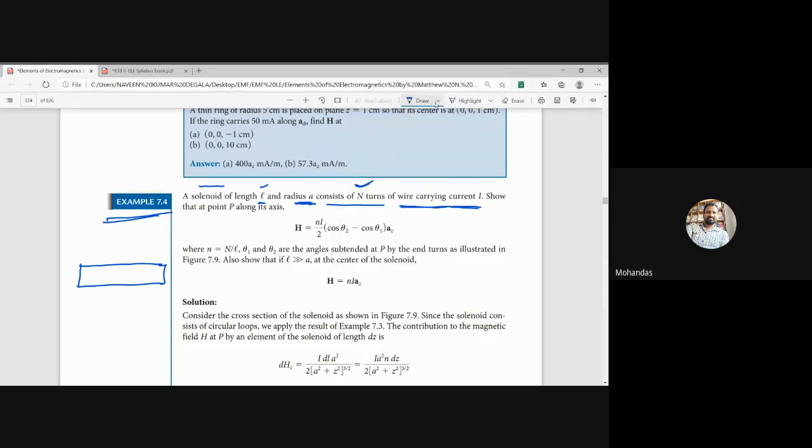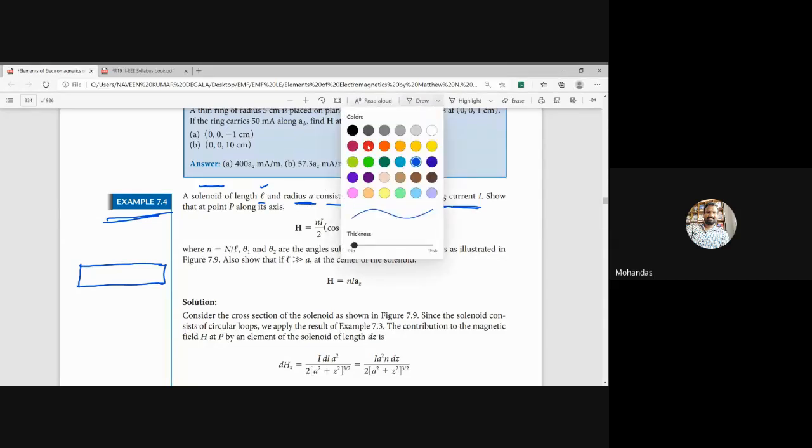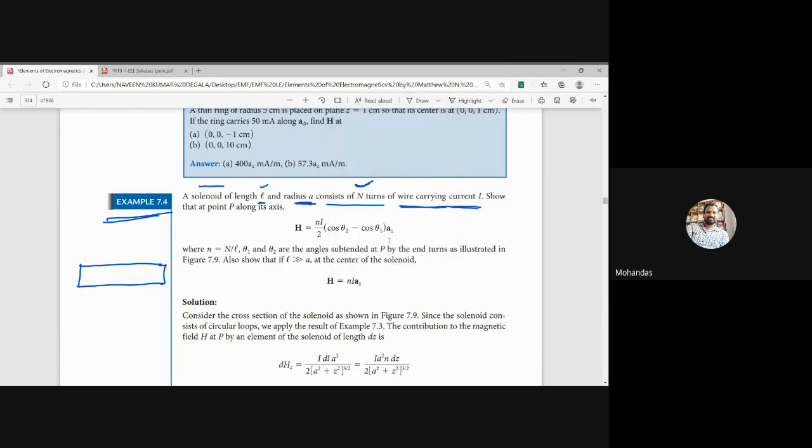Wound on a conductor, let me take another color right here. See here.